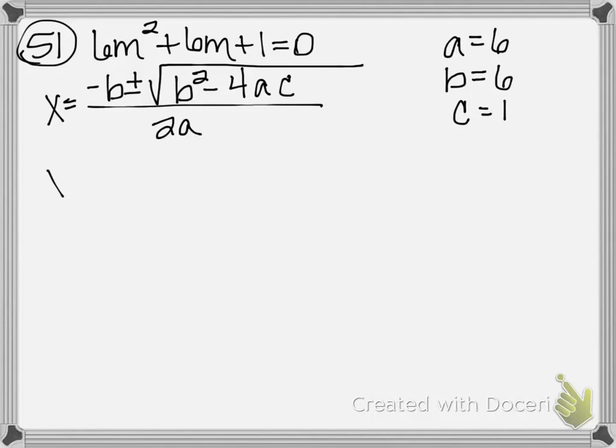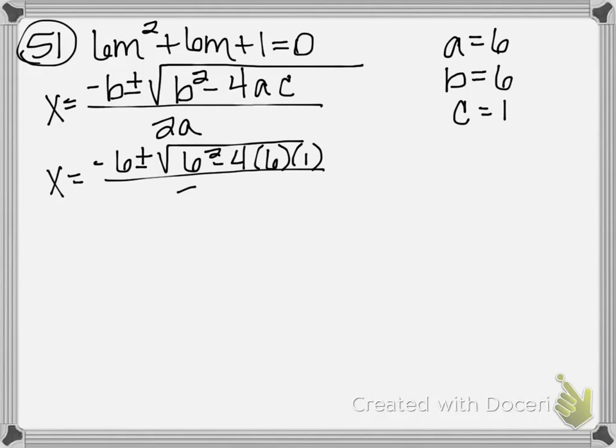So I'm going to get x equals negative 6 plus minus the square root of 6 squared minus 4 times 6 times 1, all over 2 times 6. So now I just have to simplify, a number crunch.